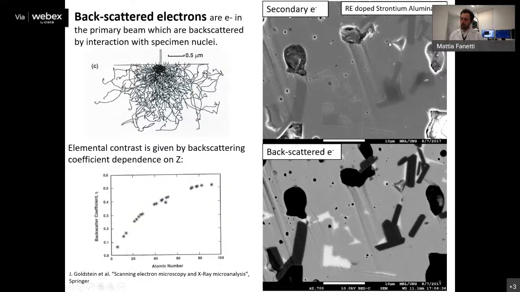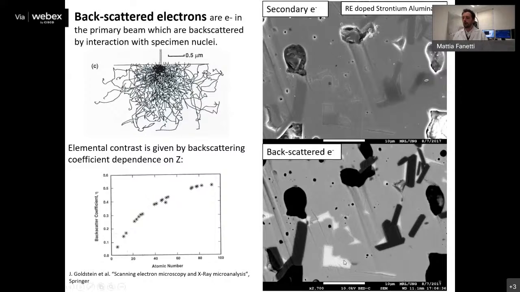This is a polished sample of a fluorescent ceramic, okay? And here in the bottom, we can see a backscattered electron image. And we see that we have some brighter areas and some darker areas, okay?